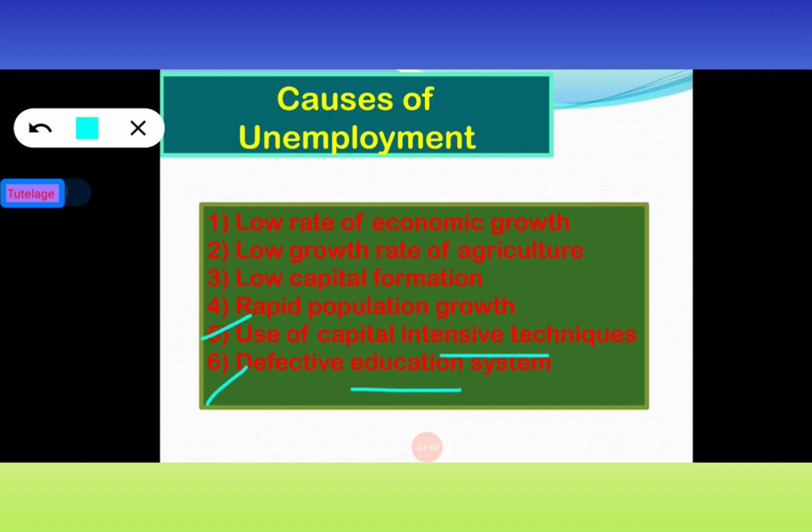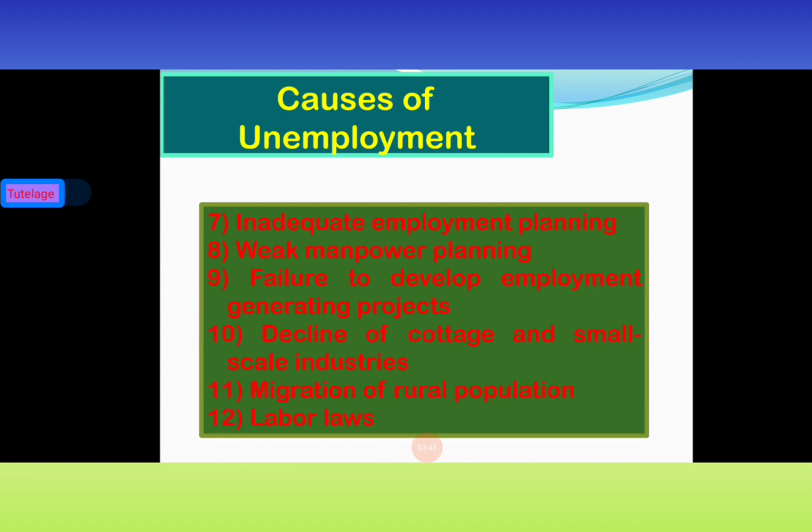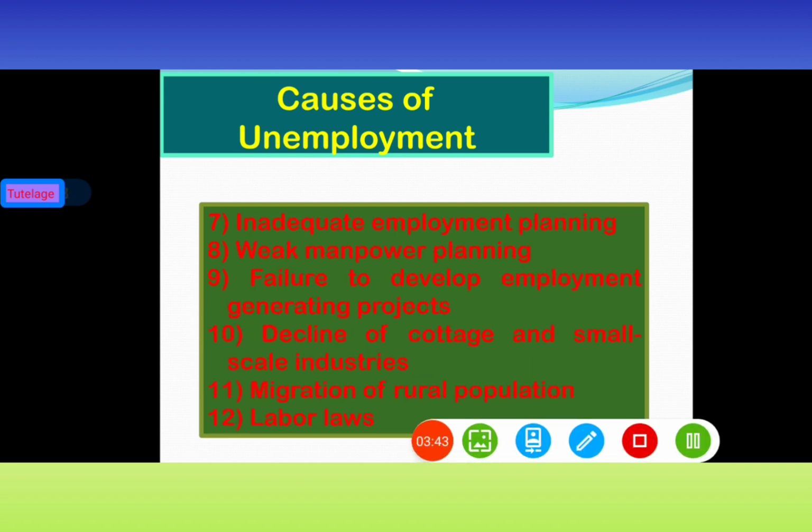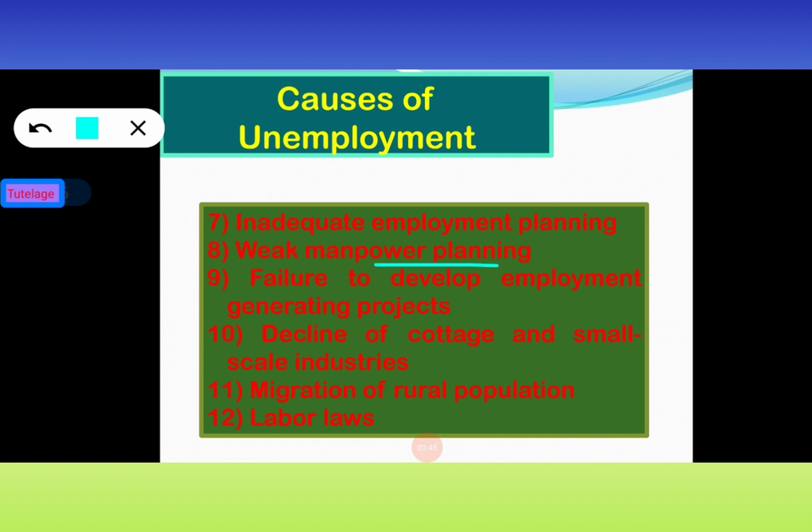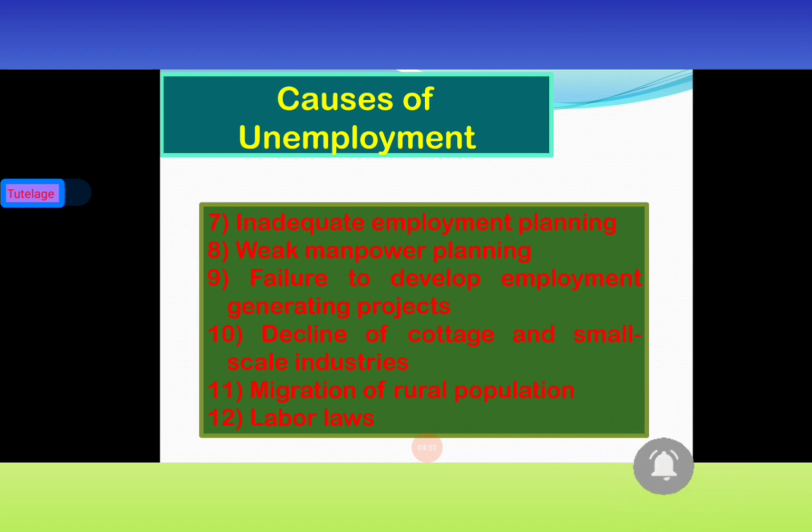Sixth point, defective education system. Seventh point, inadequate employment planning, weak manpower planning, failure to develop employment generating projects, decline of cottage and small scale industries, migration of rural population, and labor laws. Okay, so I think all causes of unemployment are clear to everyone.